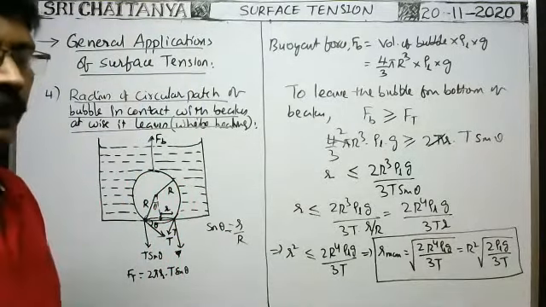The angle made by the tangent drawn at the point of contact to the liquid surface with the solid inside the liquid is the angle of contact theta. As these two are perpendicular, if this angle is 90 minus theta, then this angle is theta.